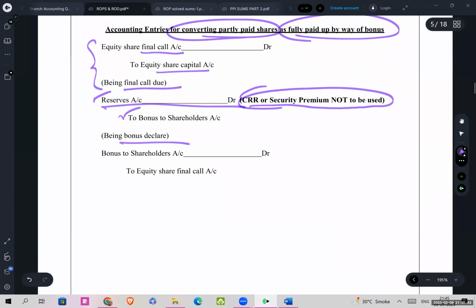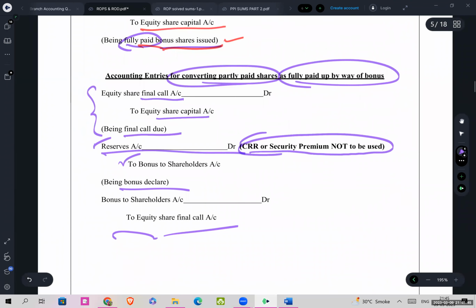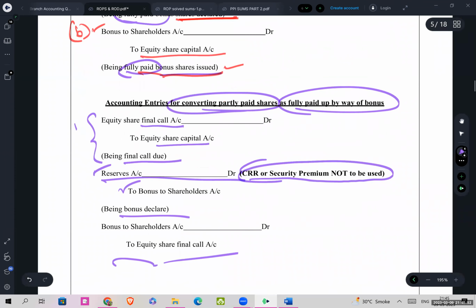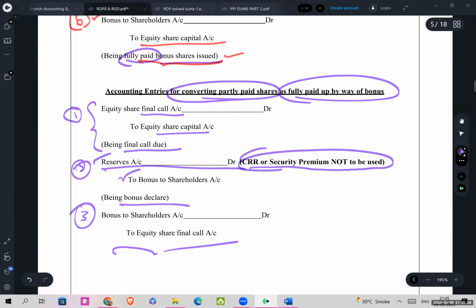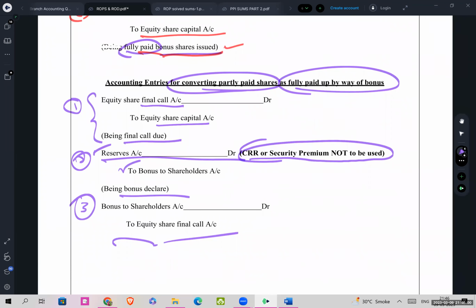This is the entry for issue. That means when you're converting partly paid bonus shares into fully paid bonus shares, you are passing three entries, whereas in case of fully paid, you're passing two entries. So 1, 2, and the third one. In the next video, we will continue with the application of this section.